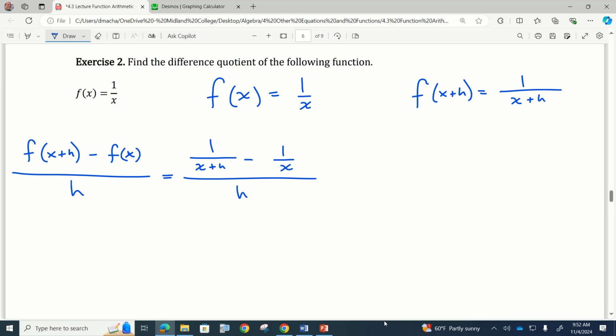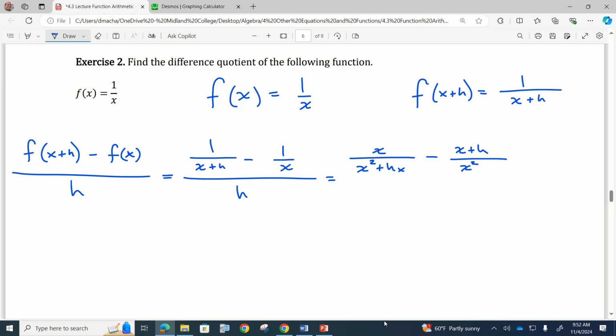And here in the numerator, I'm subtracting 2 fractions, so I should find a common denominator. So let me multiply the first fraction times x over x, and I get x over x squared plus hx. And then the second fraction I'll multiply by x plus h over x plus h.